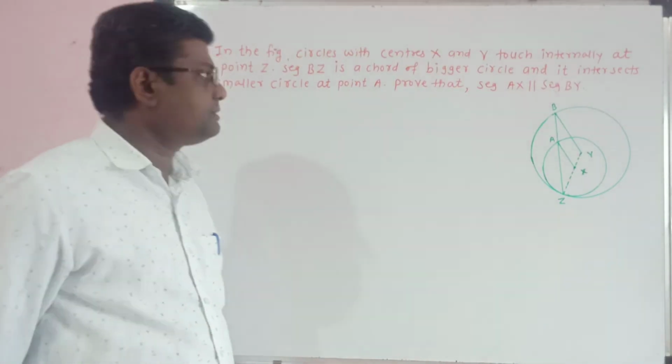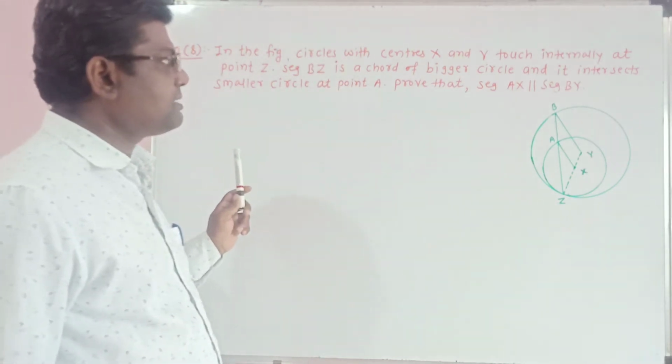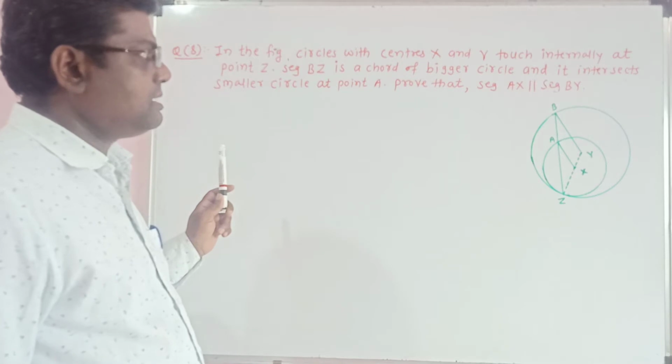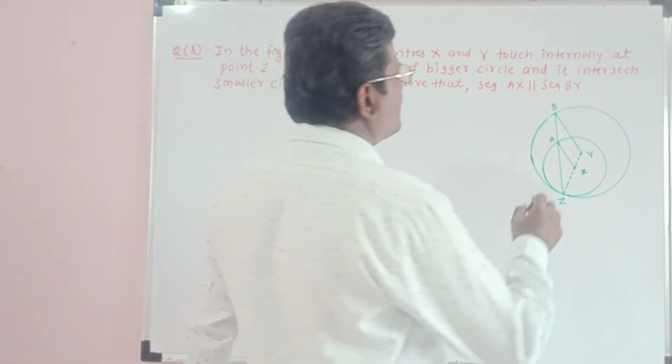Question number 8. In the figure, circles with centers X and Y touch internally at point Z. There are two circles.